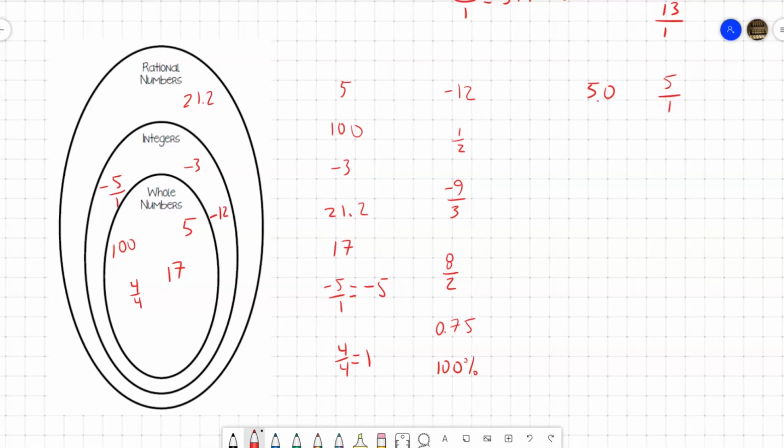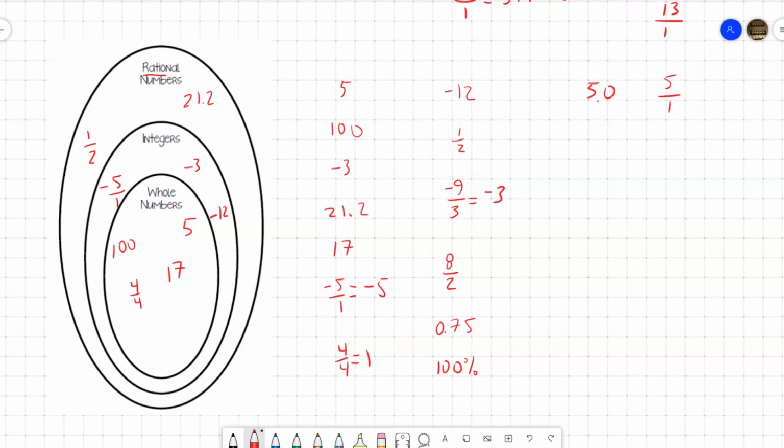1/2. 1/2 is not a whole. If I have half of something, I don't have the whole thing. Well, if it's not a whole number or the opposite whole number, it's not an integer. So the best I can do is to put that as a rational fraction or decimal. What about -9/3? 9 divided by 3 is 3, but this is negative.